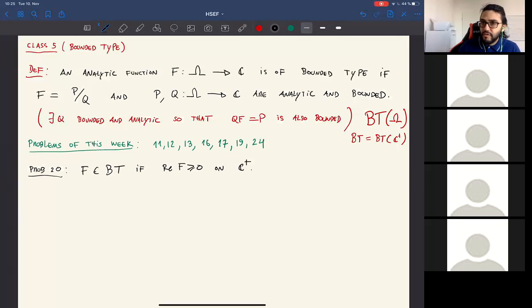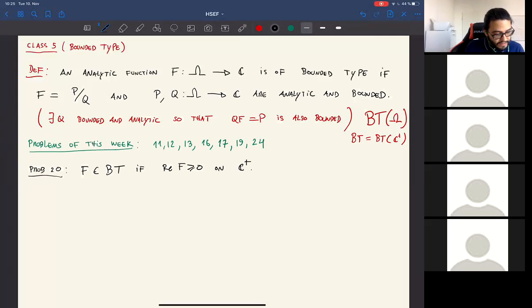Great, so these are part of the function classes we study in this class. We know how to characterize a function with this property. If the real part is continuous up to the boundary, well, it doesn't need to be continuous, whenever you have something like this, we have Poisson representation. And these are functions of bounded type.